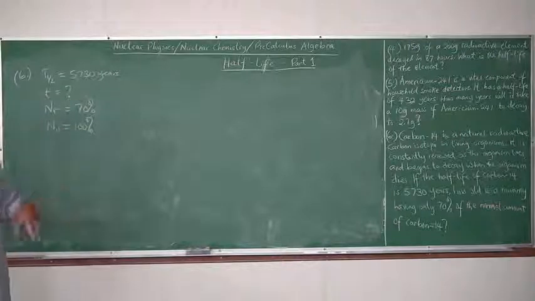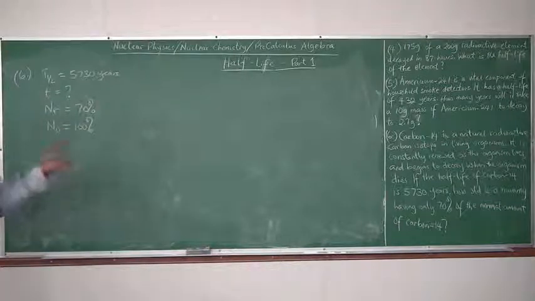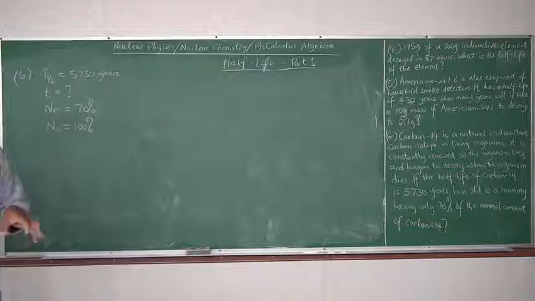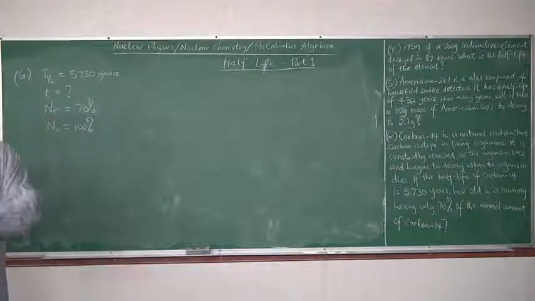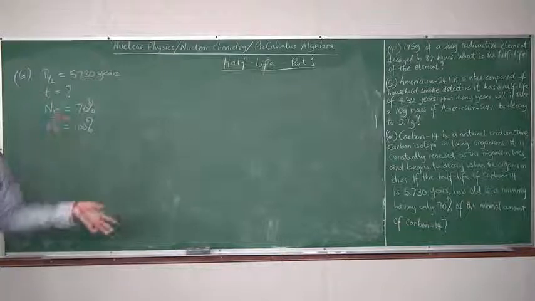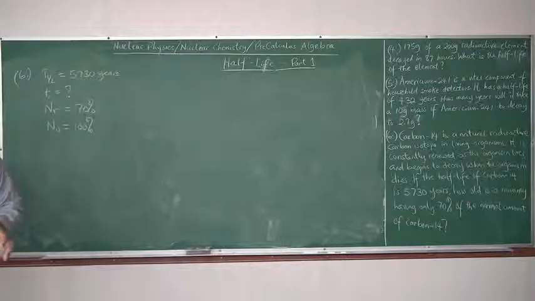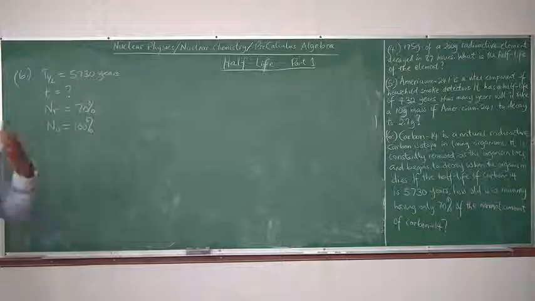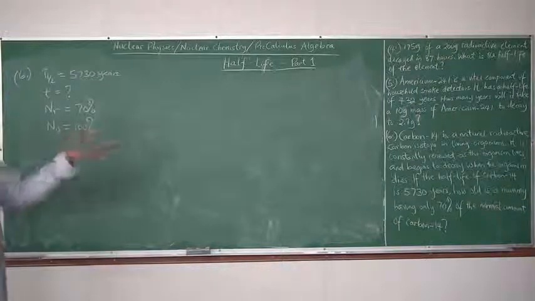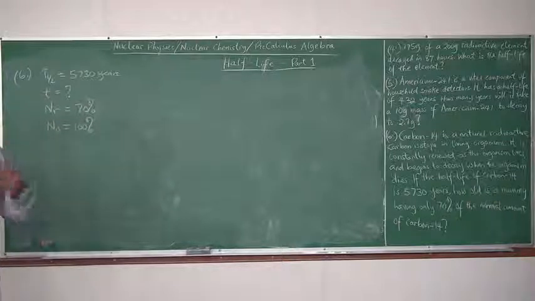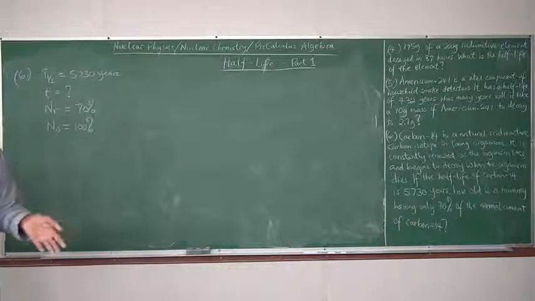They gave 70%, which means the total is 100%. If it was 70 gram, the total would be 100 gram. If it was 70 milligram, the total will be 100 milligram. If it was 70 kilogram, the total is 100 kilogram. That is what they mean.